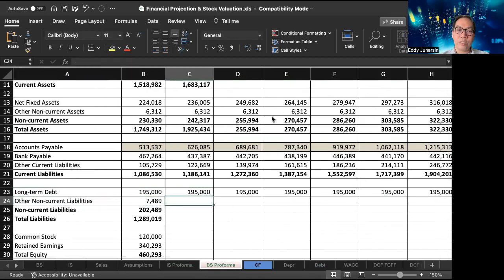Other non-current liabilities, I would just assume that it is not going together with sales, but is constant, because non-current liabilities are naturally decided by careful thought, right? Because usually when you want to borrow money from a bank, issue a bond, or borrow from another company, you really ponder on it.